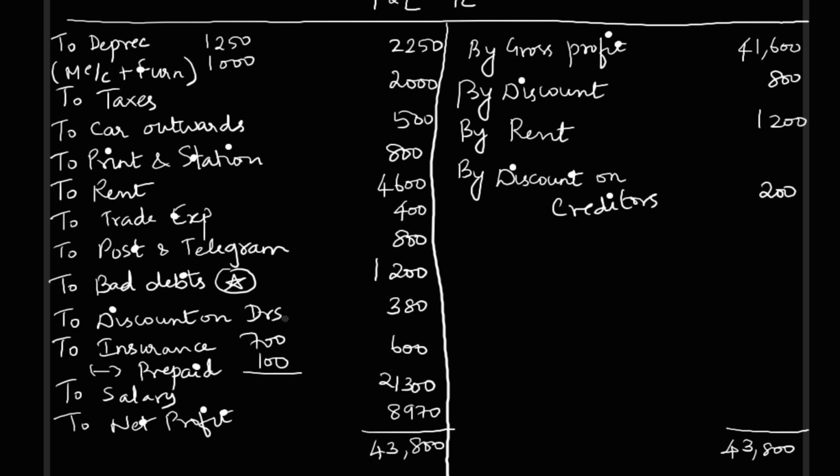To salary and wages 21,300. By gross profit that was brought down from the trading account, it is 41,600. By discount received 800. By rent received 1,200. By discount on creditors again 200. So the balancing figure, net profit, is 8,970.